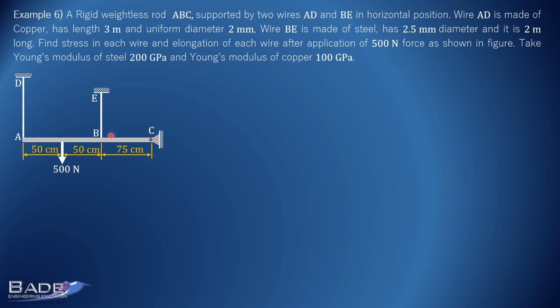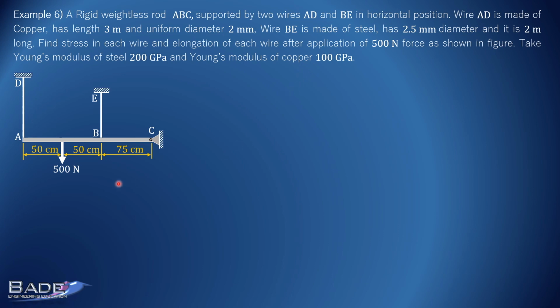Wire BE is made of steel, has 2.5 millimeter diameter and is 2 meter long. Find stress in each wire and elongation of each wire after application of 500 Newton force. So here 500 Newton force is applied. Take Young's modulus of steel 200 gigapascal and Young's modulus of copper 100 gigapascal.